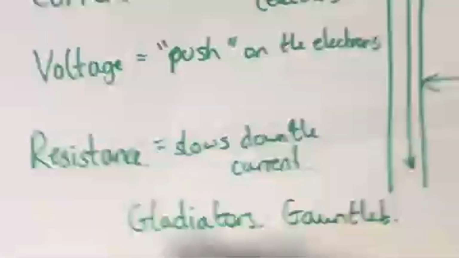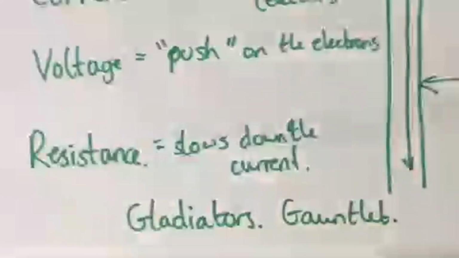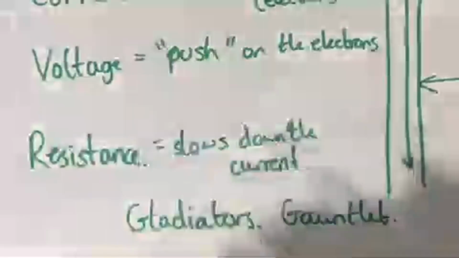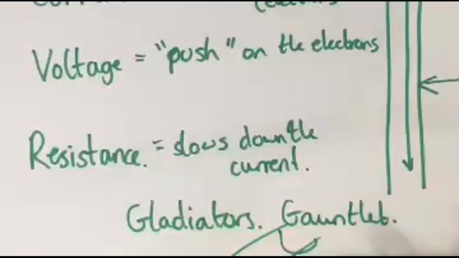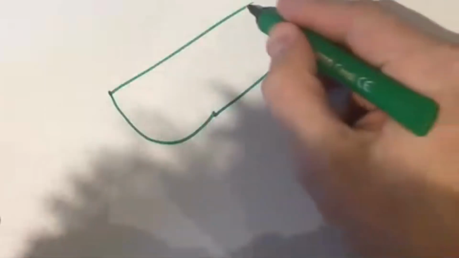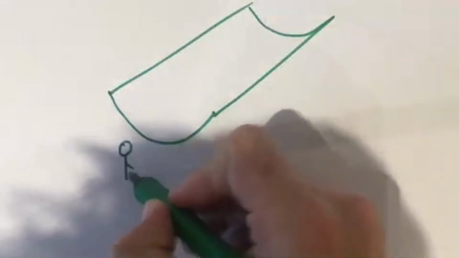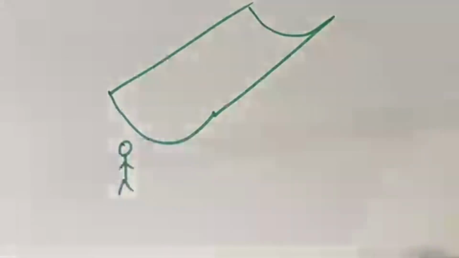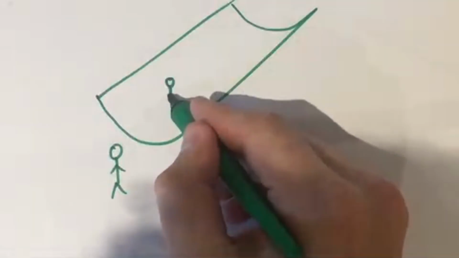Now, what the Gauntlet has is a kind of semicircle track like that, that you start at one end, and you have to get to the other end. And in your way are the gladiators.